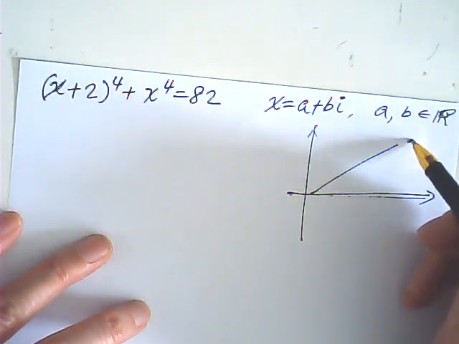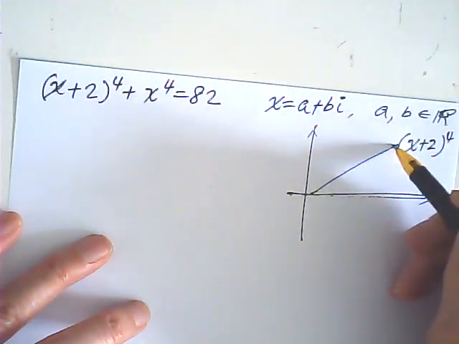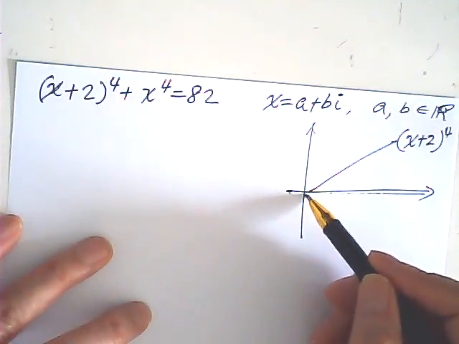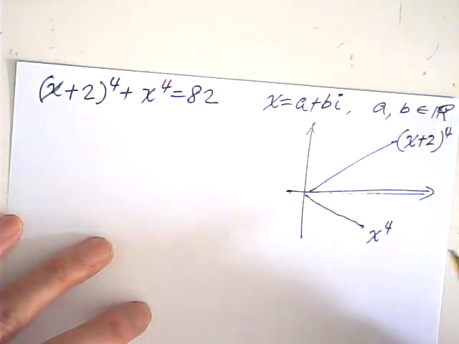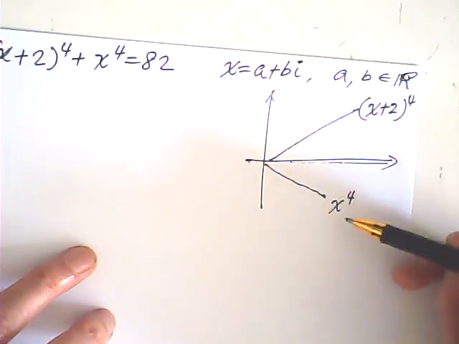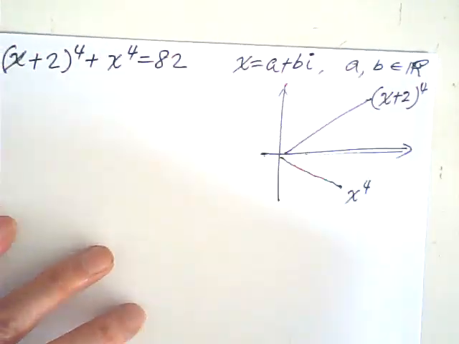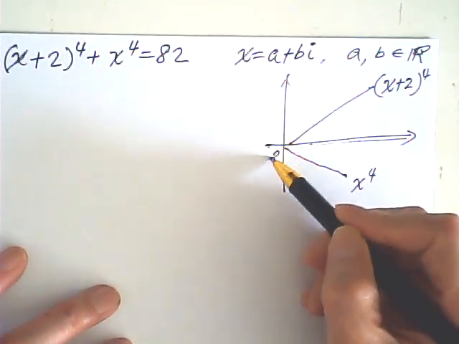This is x plus 2 to the fourth, and this is x to the fourth. Or this is below, this is up. It's the same situation for analysis.